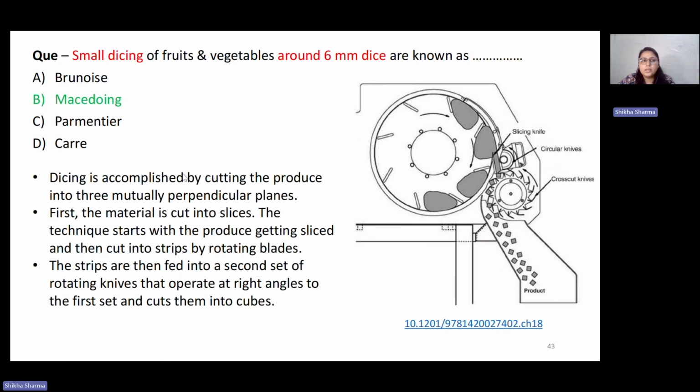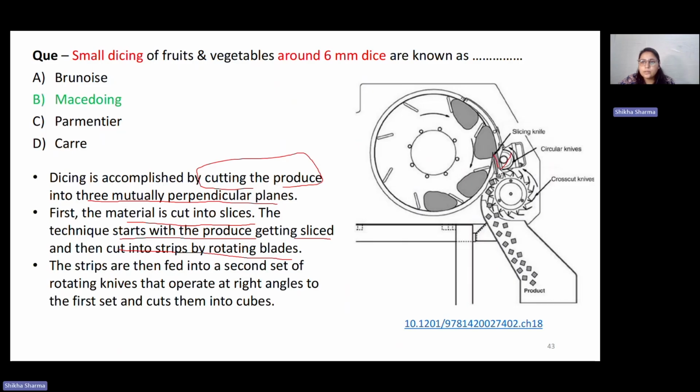Dicing is done by cutting the produce along three mutually perpendicular planes. The material is cut into slices, and the technique starts with the produce getting sliced and then cut into strips by the rotating blade. These are circular rotating blades.